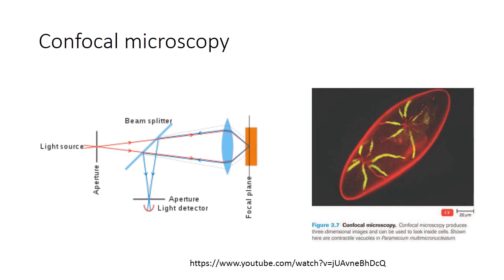Many a times, the confocal microscopic technique is coupled to fluorescence microscopic technique. That is, we can label different parts of the specimen by using different types of fluorochromes, and then the images could be obtained by using a confocal microscope.